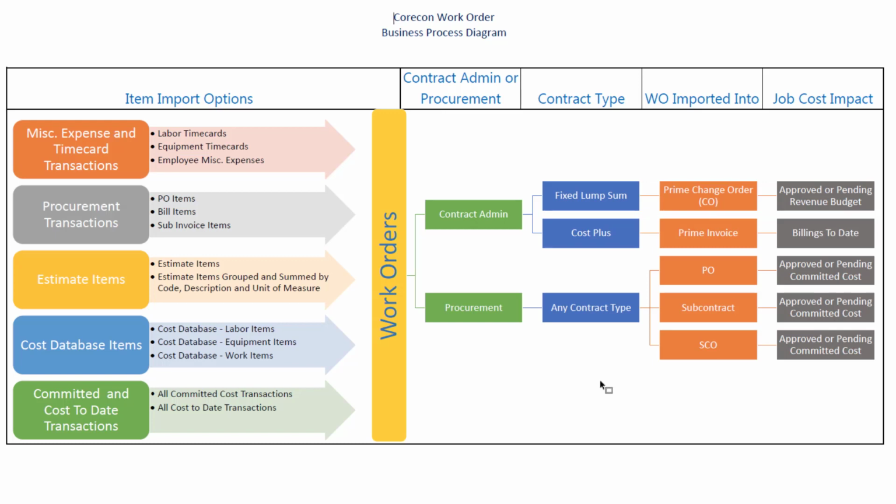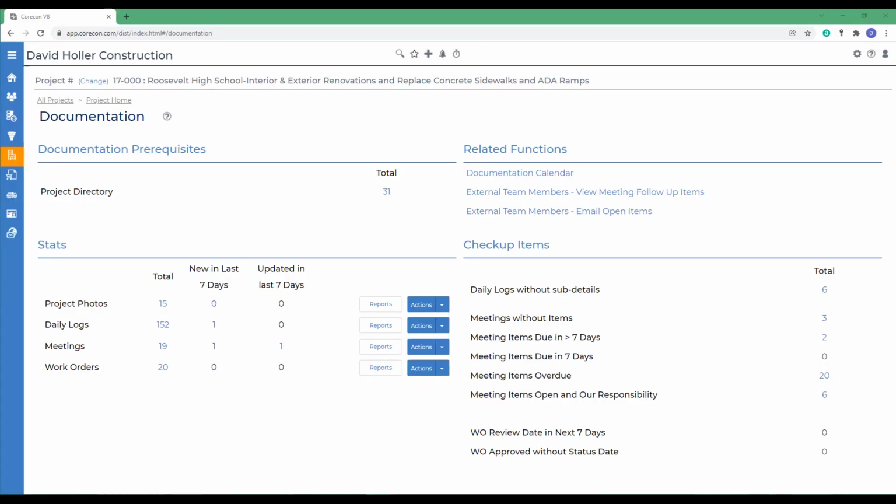If the work order is used in contract admin on a cost plus contract type, the work order can be converted into a prime invoice, and in doing so will affect the billings to date. If a work order is used in procurement, no matter which contract type you use, a work order can be converted to a purchase order, a subcontract, or a subcontract change order, and in each case affect the approved or pending committed cost.